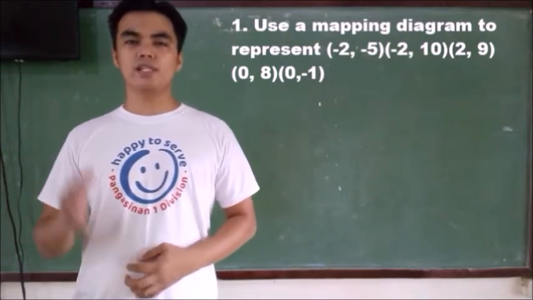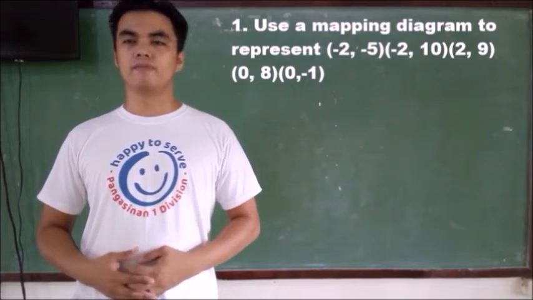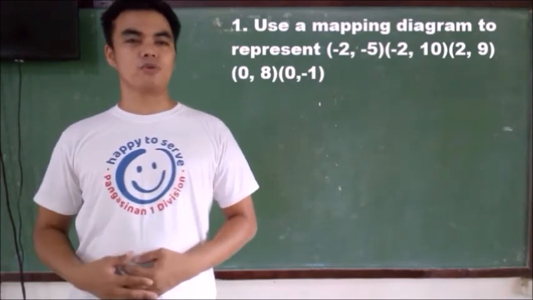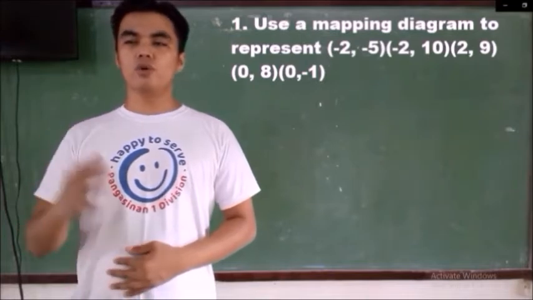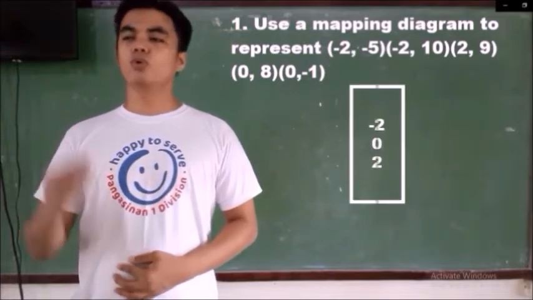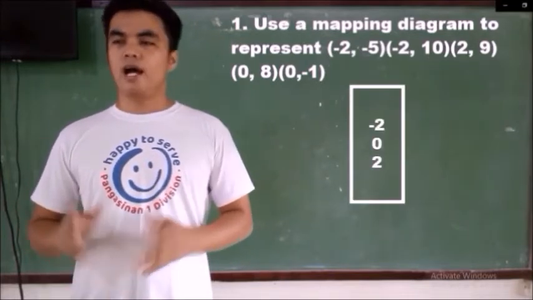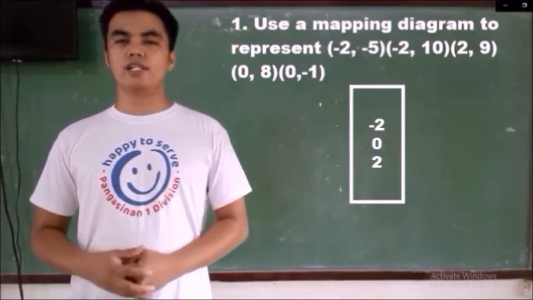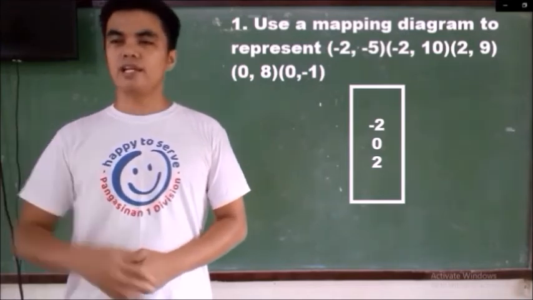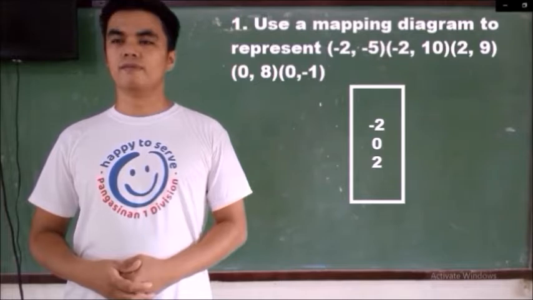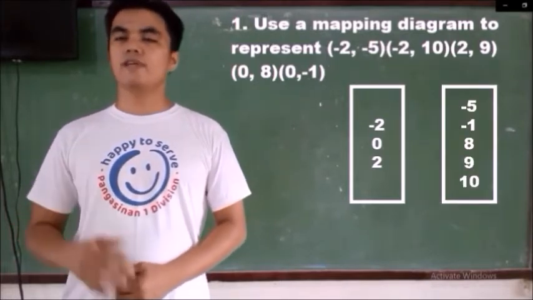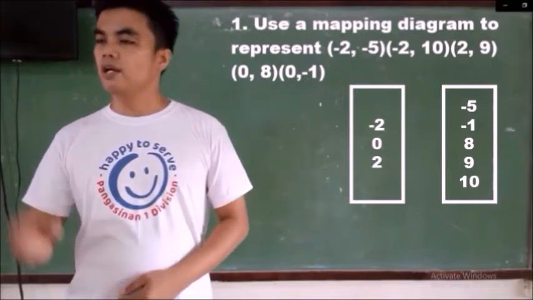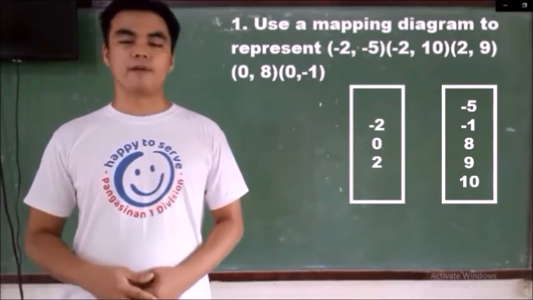Now, who can tell me what is the value of our domain? Yes, Generous. Very good. So our domain is -2, 0, and 2. How about our range? Yes, Michael. Very good. Our range is -5, -1, 8, 9, and 10.